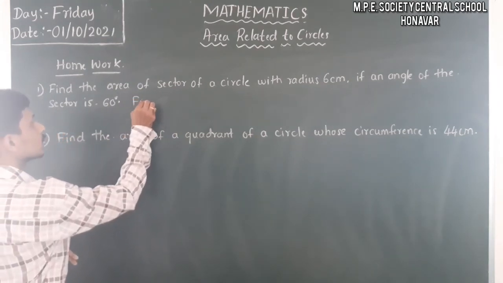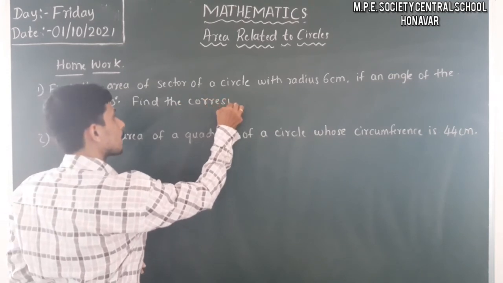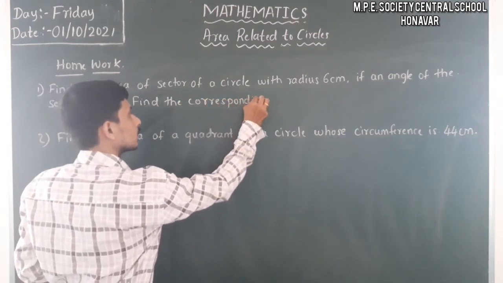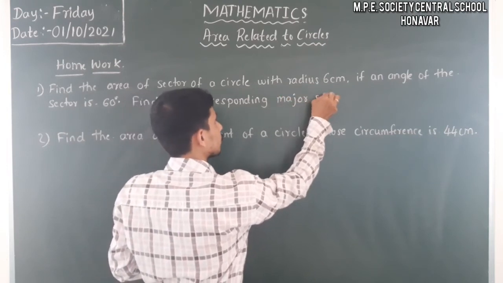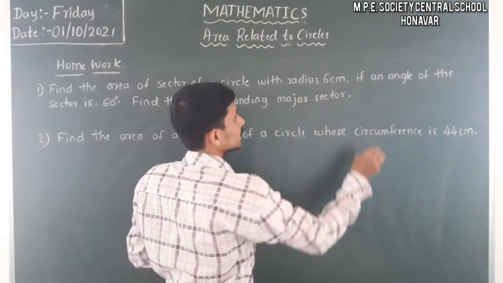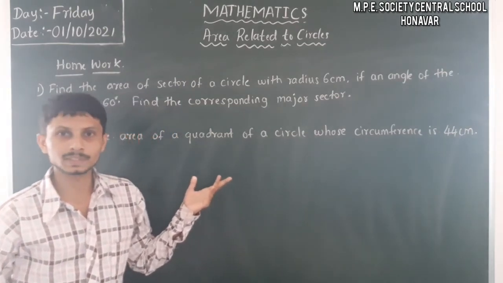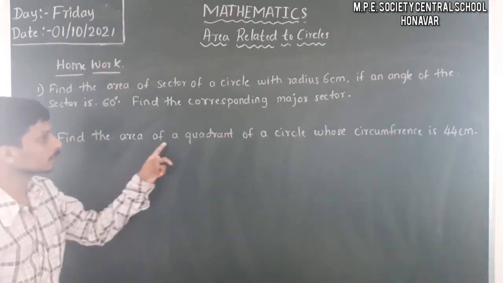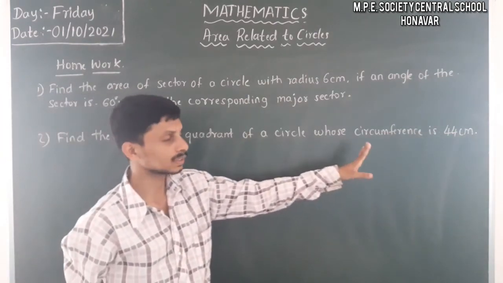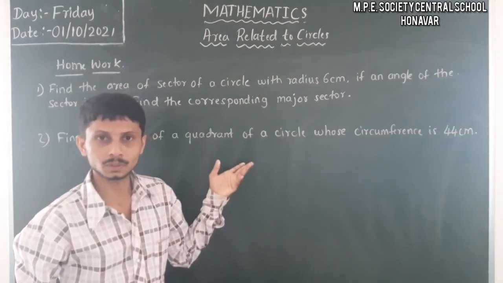You can use pi equal to 22 by 7, no problem, or you can use 3.14 as well. Then find the area of a quadrant of a circle whose circumference is 44 cm. This is fixed, we already solved that one.